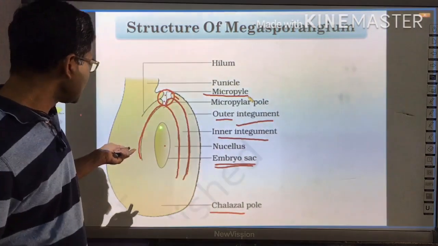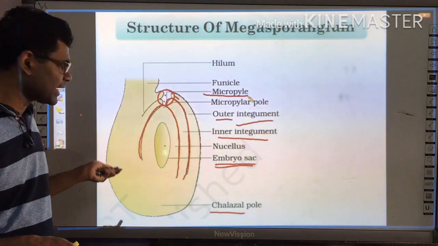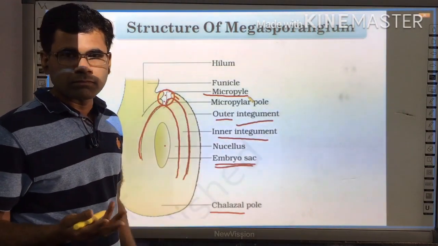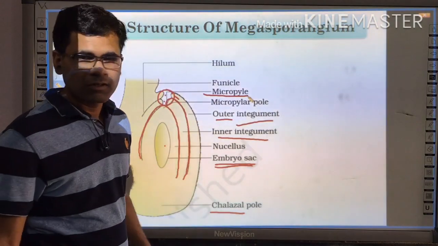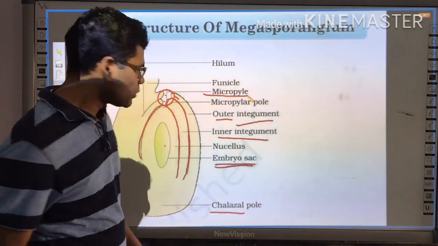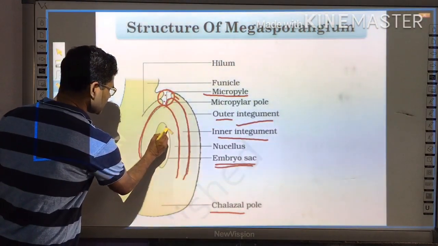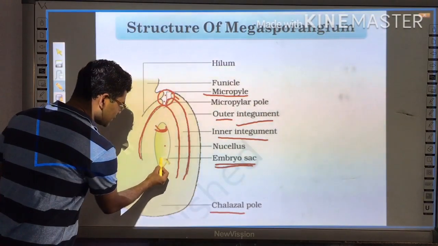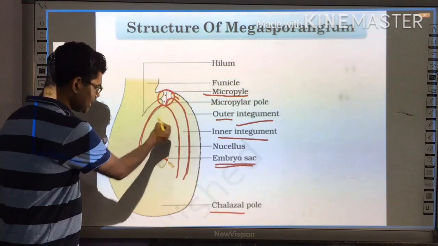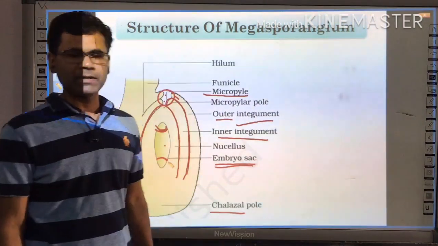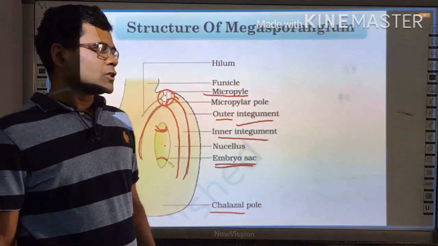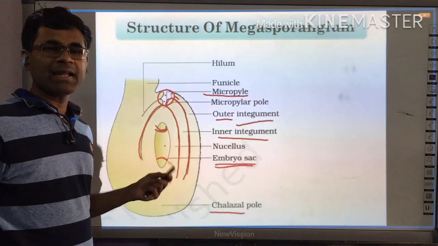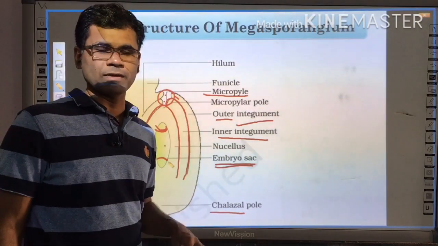If, for example, I give you an embryo sac diagram and ask you to locate the egg apparatus, it is present here. This other segment is the antipodal cells, and then the other polarity would be different, right? So this is basically a complete structure and diagram of an anatropous ovule.